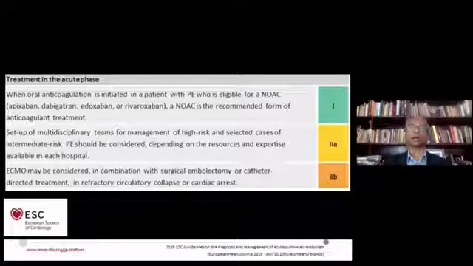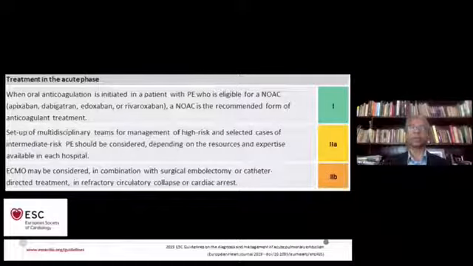When you start treatment in the acute phase, use oral anticoagulation in a person who's eligible for a NOAC. A NOAC is the recommended form of anticoagulant treatment if there's no contraindication. That's a change from the 2014 guidelines, where it was given as an alternative. If possible, use multidisciplinary teams to manage these patients, especially the high risk and intermediate high risk patients.